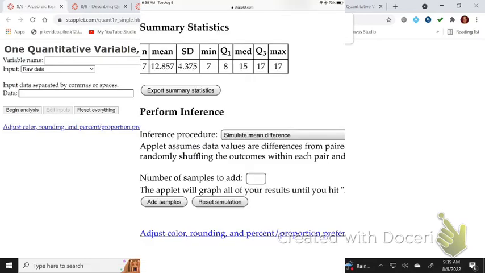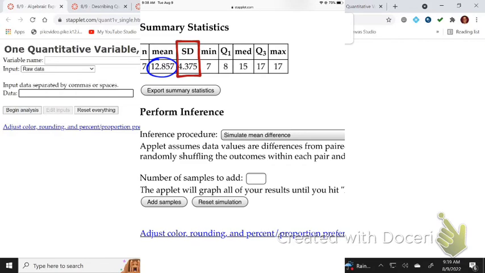Here's what we got. That's what I got for the summary statistics right there. N is 7, because we had 7 pieces of data. There's our mean right there, 12.856. What's the standard deviation? 4.375. Is that what we got?